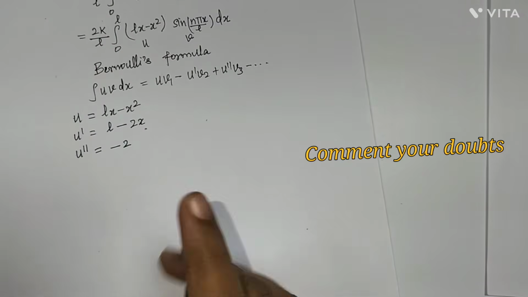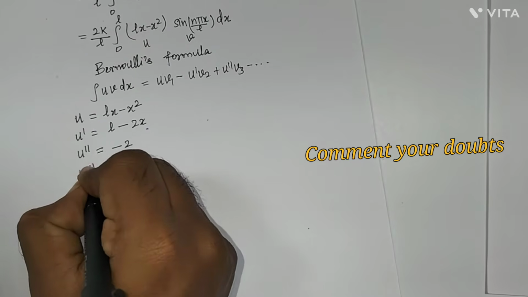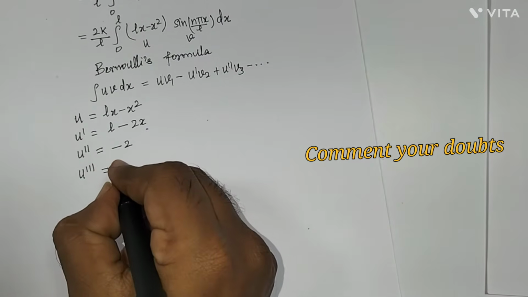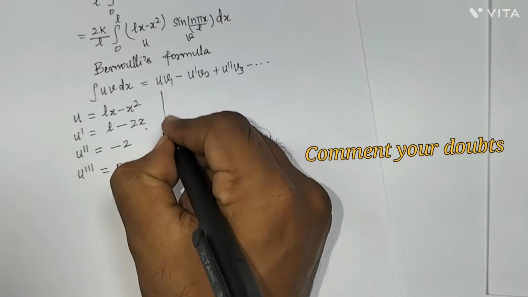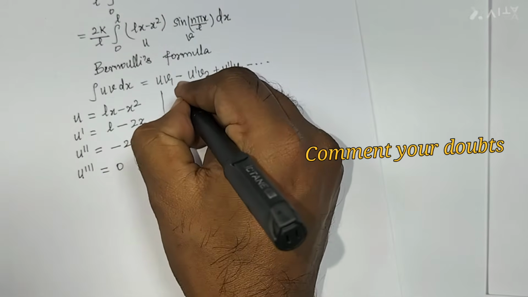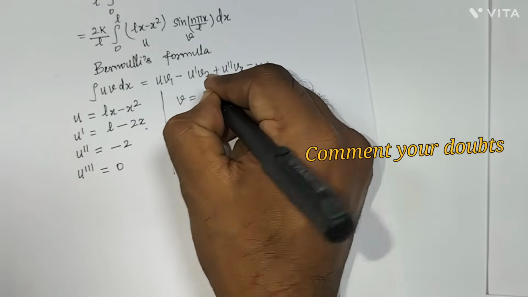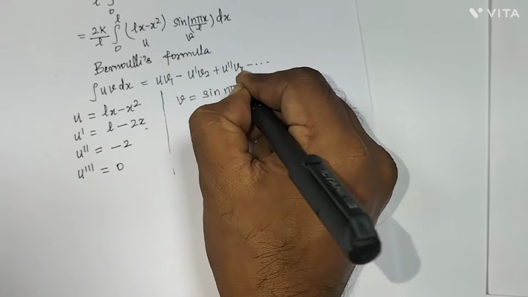And u triple dash equal to, when differentiating a constant term, you will get 0.